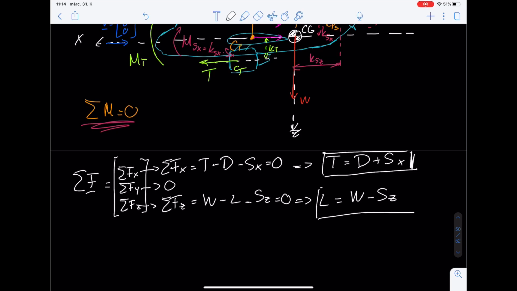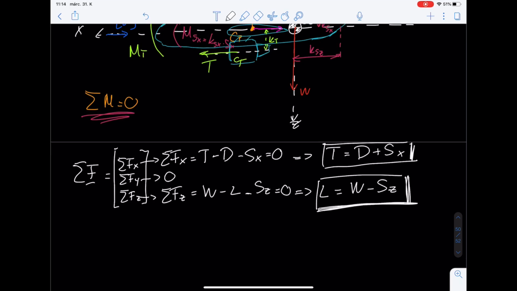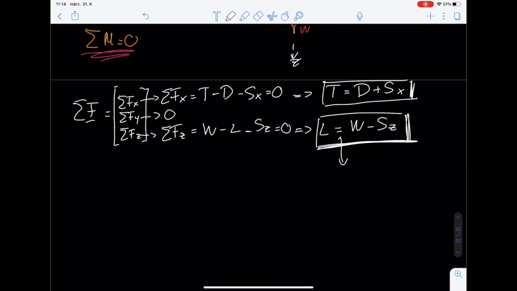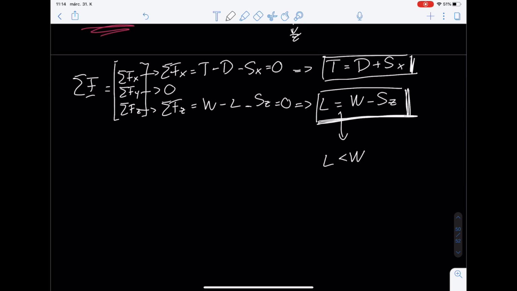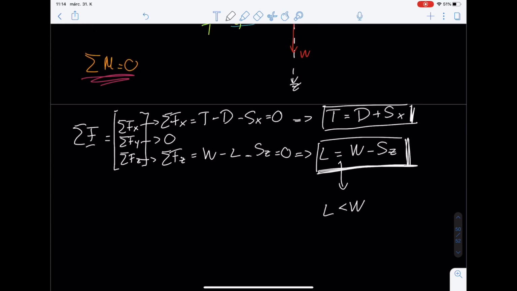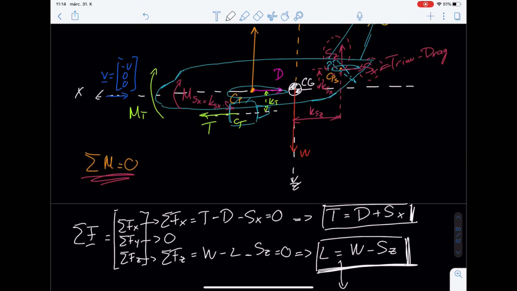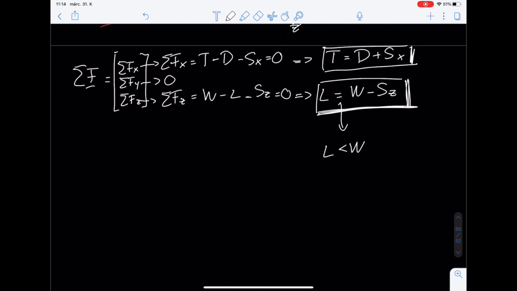And this is interesting, right? Because in this case, from the initial condition where the lift was equal to the weight, actually the lift is going to be less than the weight. The lift is going to be less than the weight. And in that case, I can go ahead and reduce the lift.